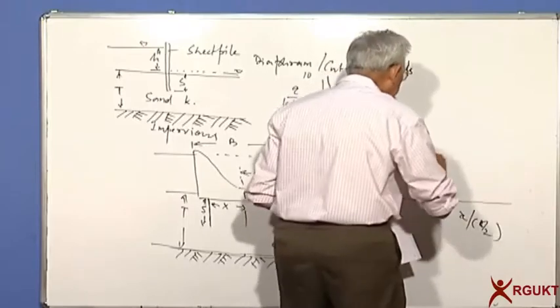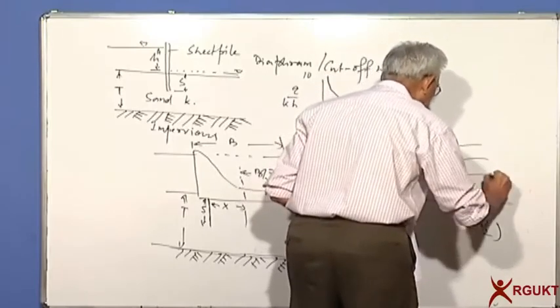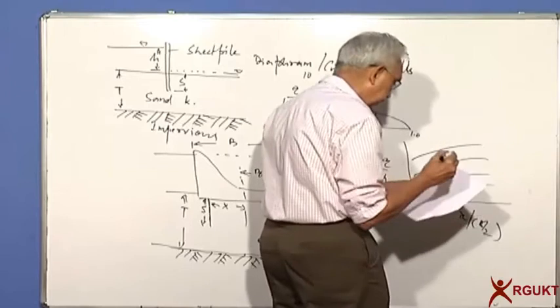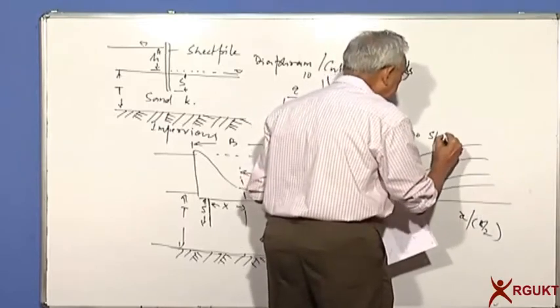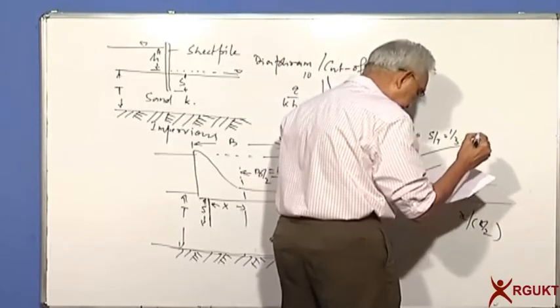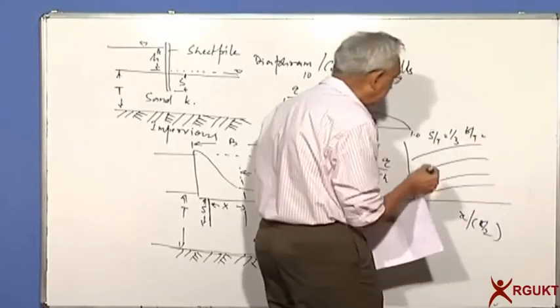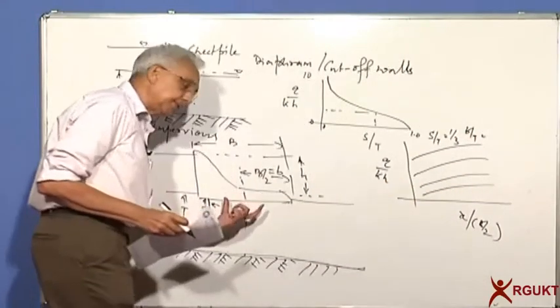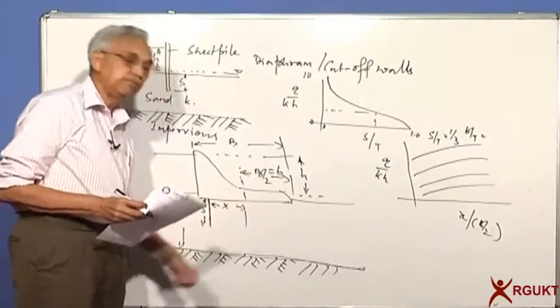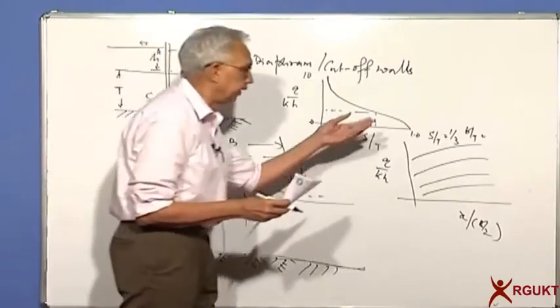And you get a series of curves depending on the ratio S by T, let's say, is 1/3, and b by T is equal to another value, which means it also depends now on the width B or B by 2.